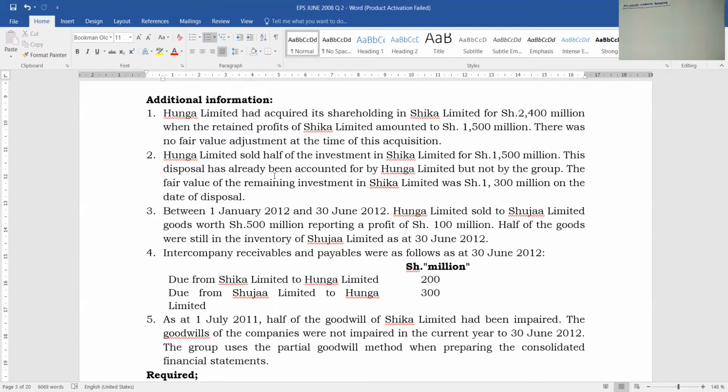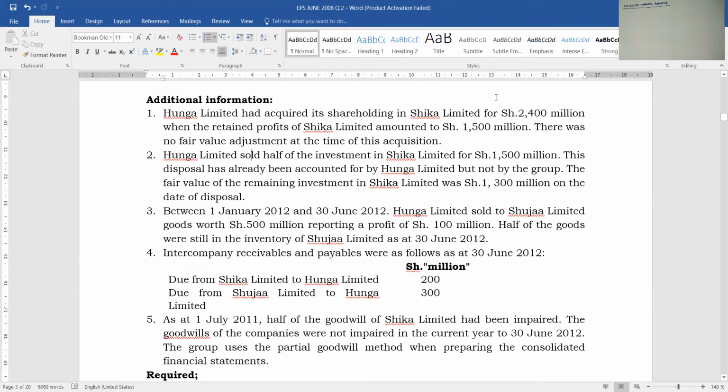But we are supposed to know that initially, as per note 1, when Shika was acquired, the amount Hunga paid for Shika is 2.4, long time ago. But now, remember that after disposal, they disposed a half. So by the date of disposal, if you take your 2,400 times a half, it's supposed to remain 1,200.